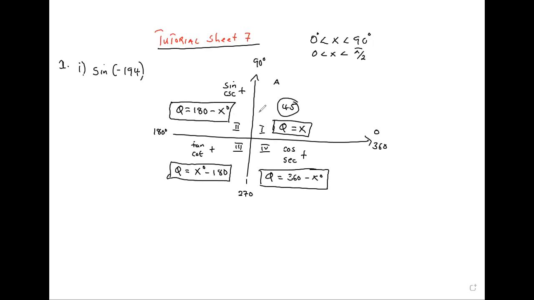One, if the angle given, theta, is less than 0, you add 360 degrees until it becomes positive.